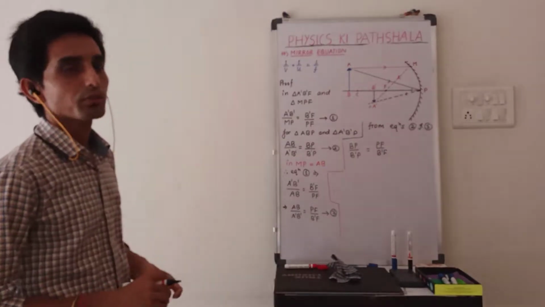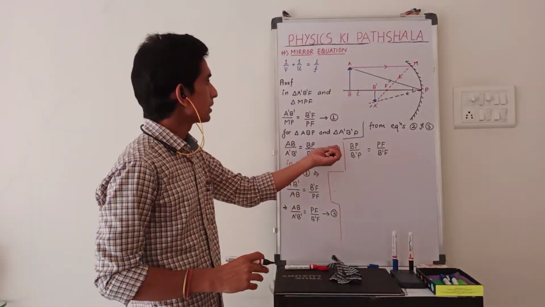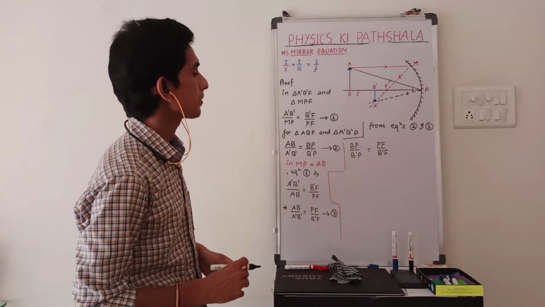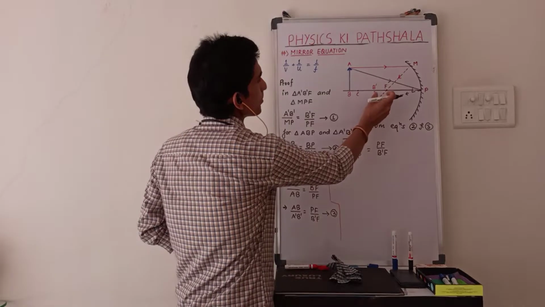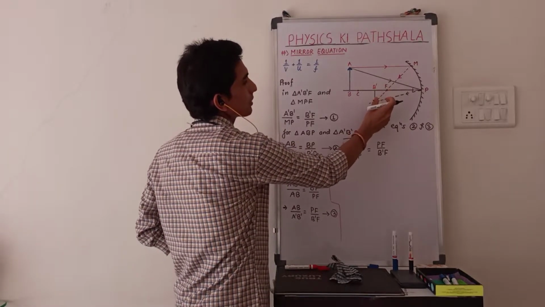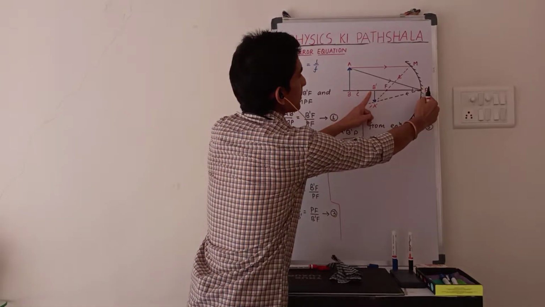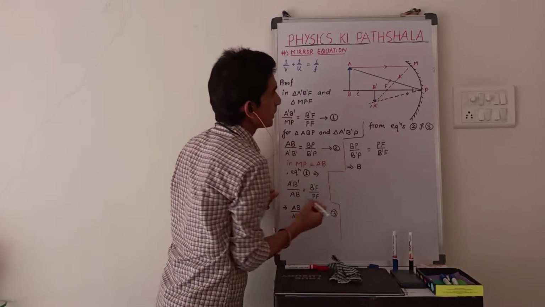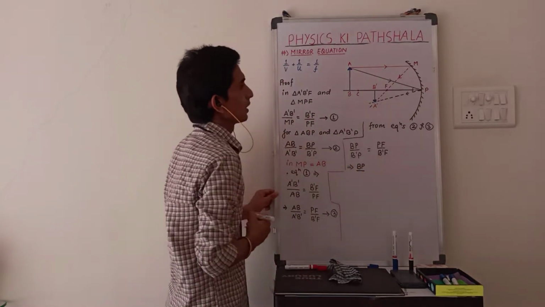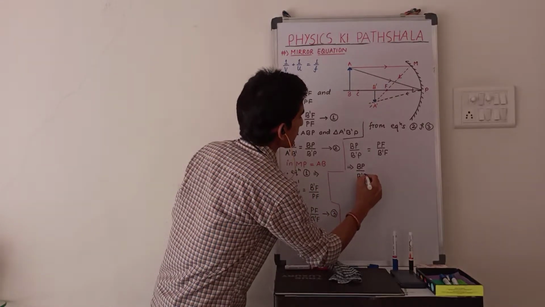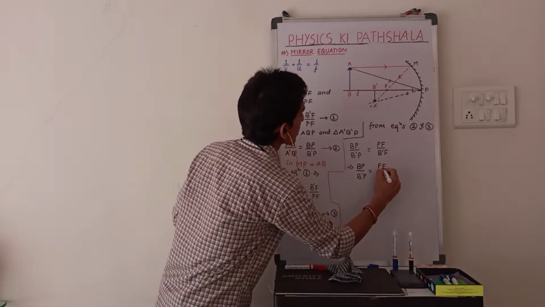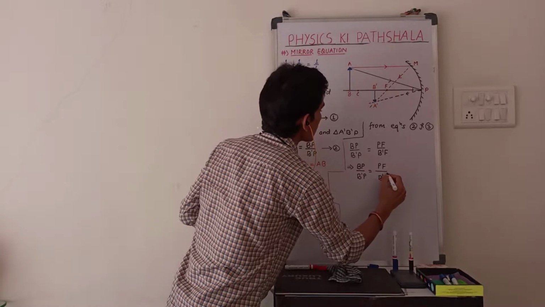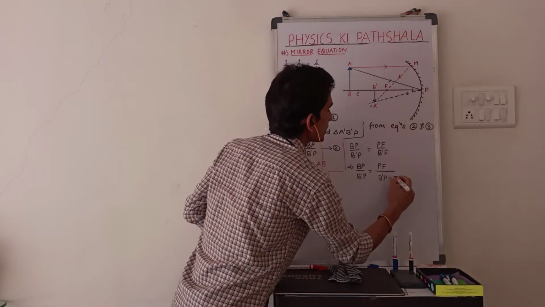Now we can do some modification in this. We can see what is BP, what is B prime P, what is PF, and what is B prime F. So B prime F can also be written as B prime P minus PF. So we will write BP upon B prime P is equal to PF upon, in place of B prime F, we will write B prime P minus PF.